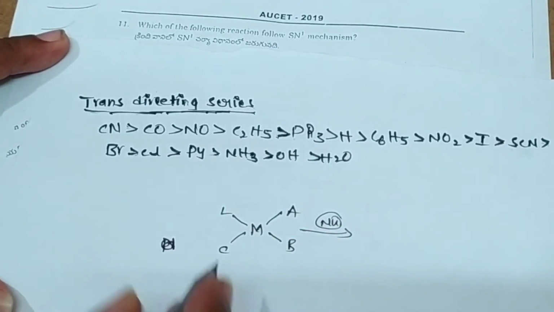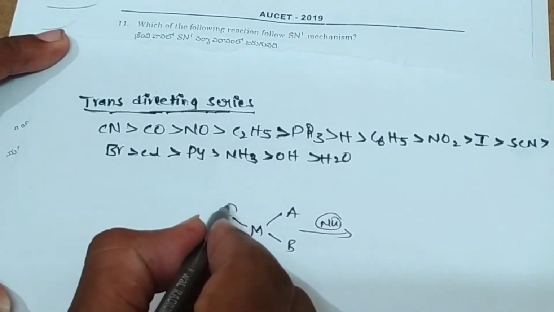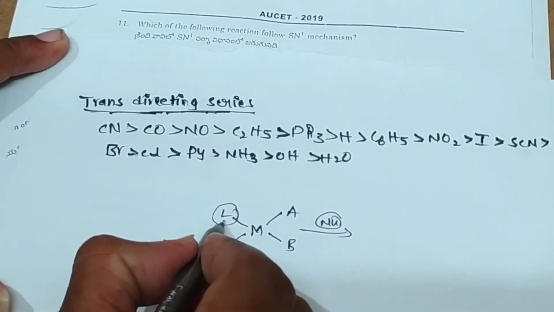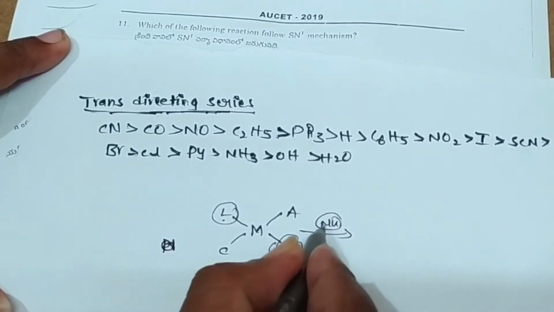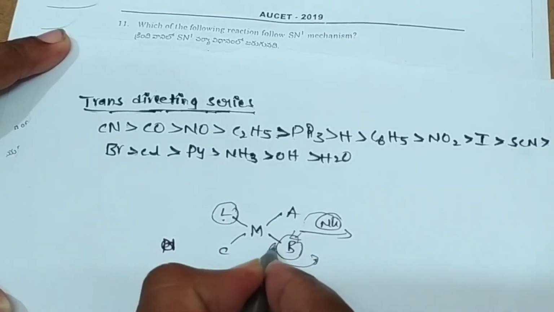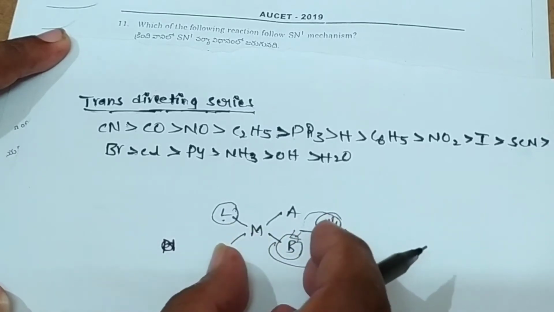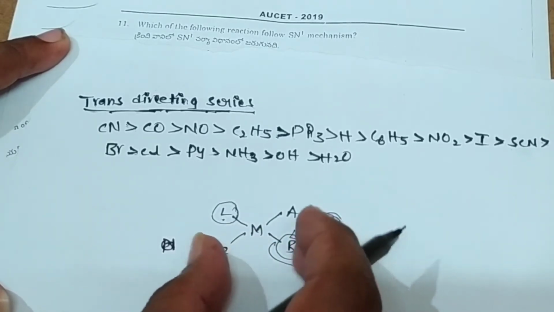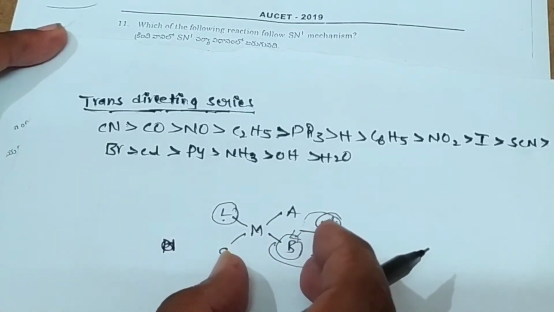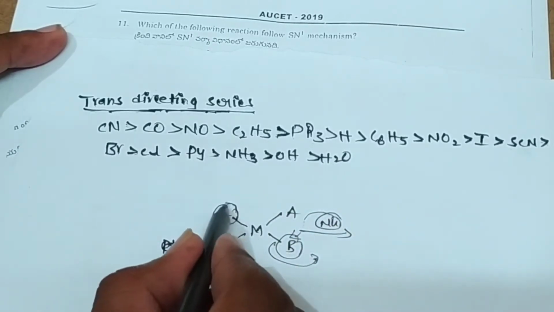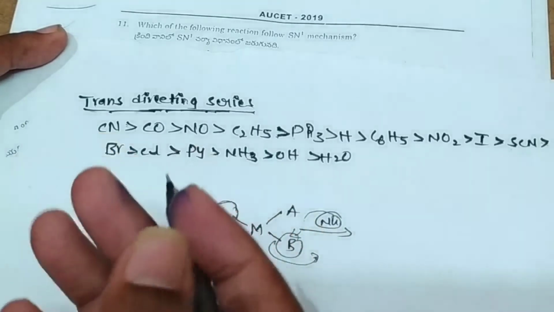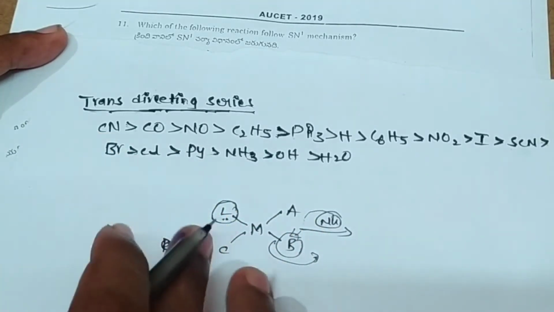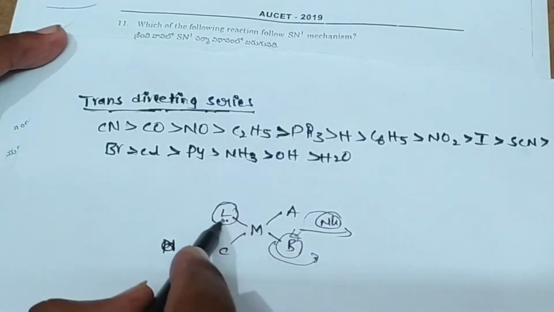In the trans effect, for example, this ligand has high trans ability. This B is removed, so the nucleophile is present here. This is called the trans-directing series, or the trans effect. This ligand has very high trans-labilizing power.